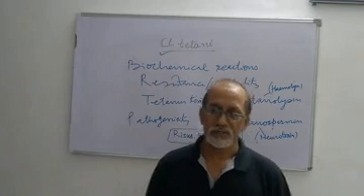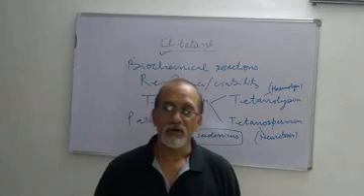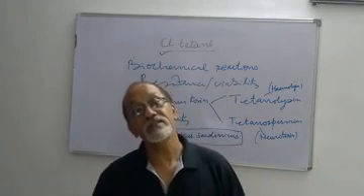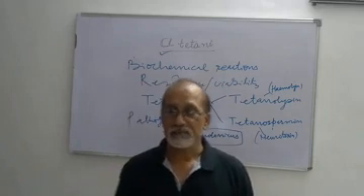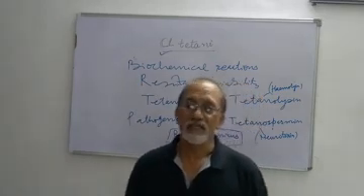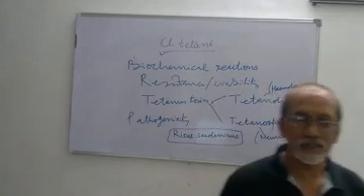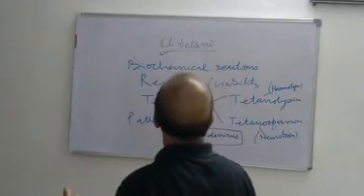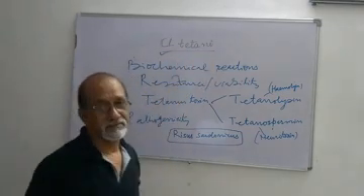And opisthotonos is pronounced arching of the back due to spasm of strong extensor muscles of the back, and is often seen in patients who are suffering from trismus. Respiratory failure may ensue, and a high mortality rate is associated with this disease. These are the clinical pictures you will see if the patient is suffering from tetanus.